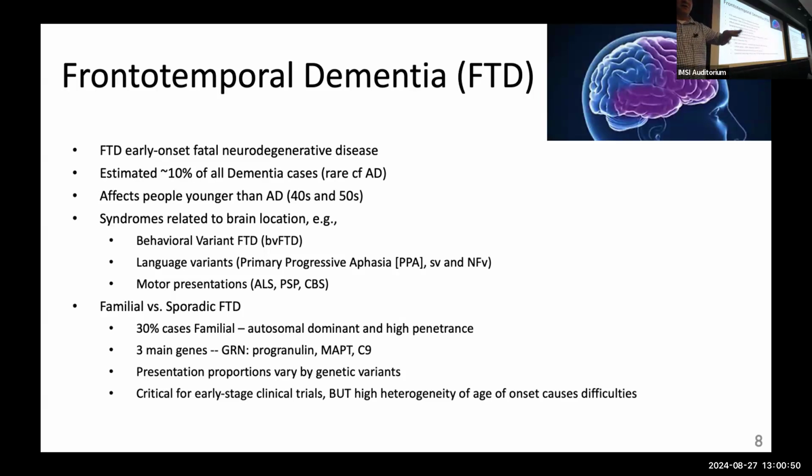We're not quite in the Huntington's disease position where everybody has a genetic marker that they have the disease. We do have genes identified for about 30% of cases. So we call these familial FTDs, and they tend to be hereditary. There's also 70% that are sporadic, not necessarily any family history.